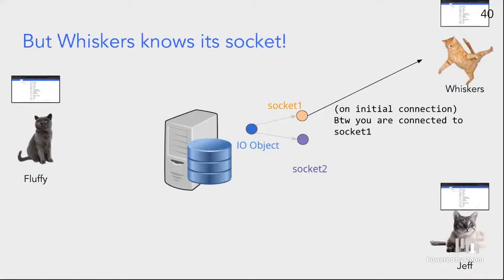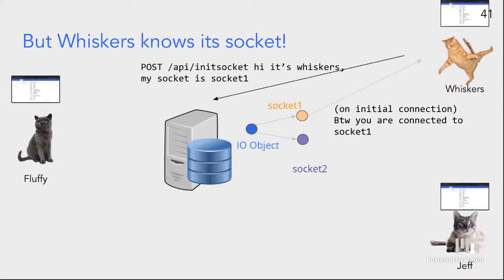However, Whiskers actually knows which socket they're on, because when we initially connect Whiskers and the server, the socket, we can actually tell Whiskers what socket they're on. Then we can have Whiskers send that information back to the server with a post request. In this case, we've called this post request api/initsocket.